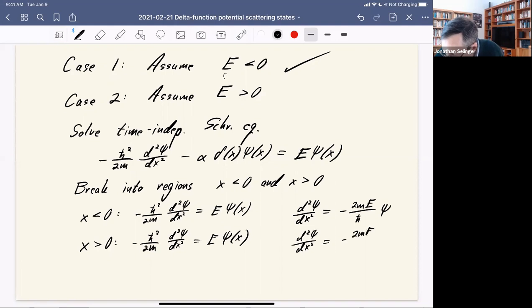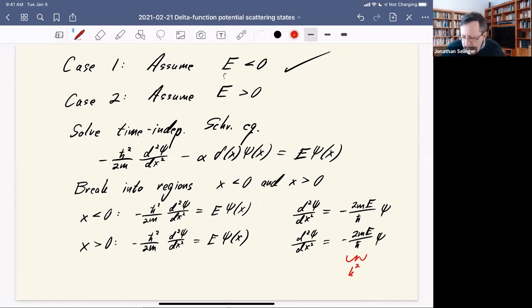So we've solved this before, right? We know how to solve it. We let this coefficient be k squared, same as we did for the free particle.